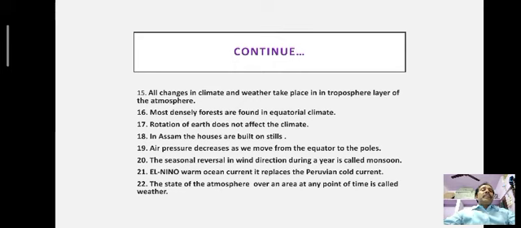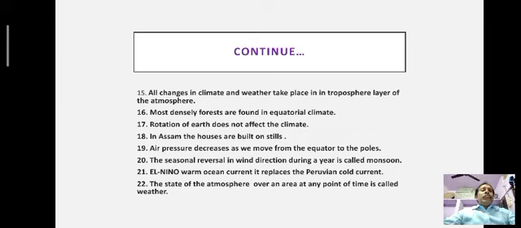Next, the seasonal reversal in wind direction during a year is called monsoon. So your question will be, what do you mean by the monsoon? Your answer will be, the seasonal reversal in wind direction during a year is called monsoon.